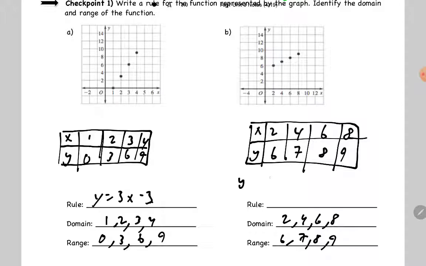So I have y equals something. If I plug in 2 for x, how do I get 6? Well, if I had 2, I add 4. But does that work if I plug in 4? 4 plus 4 is 8. So that doesn't work.